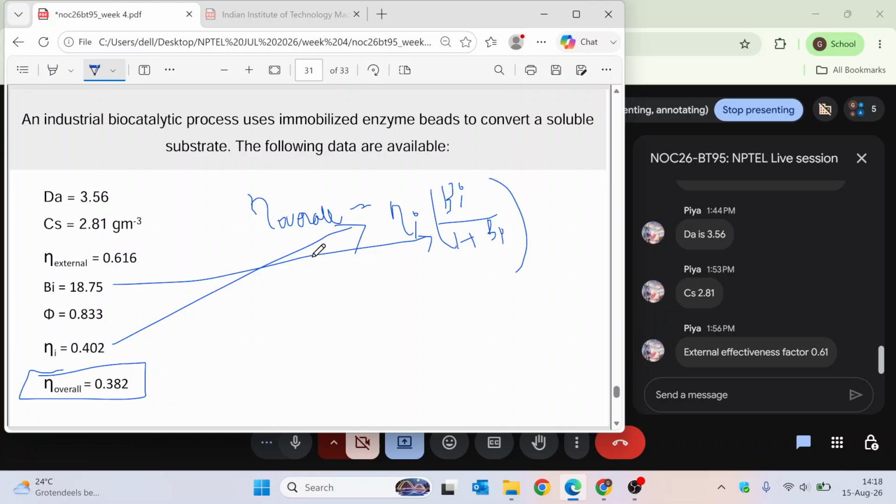So one is to reduce the bead radius. When you reduce the bead radius, Thiele modulus will decrease, and the diffusion path length will also decrease. If your Thiele modulus decreases, then this factor is going to increase.